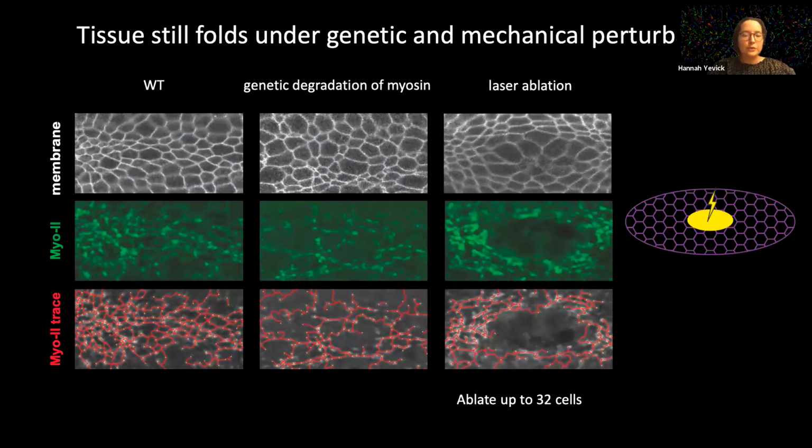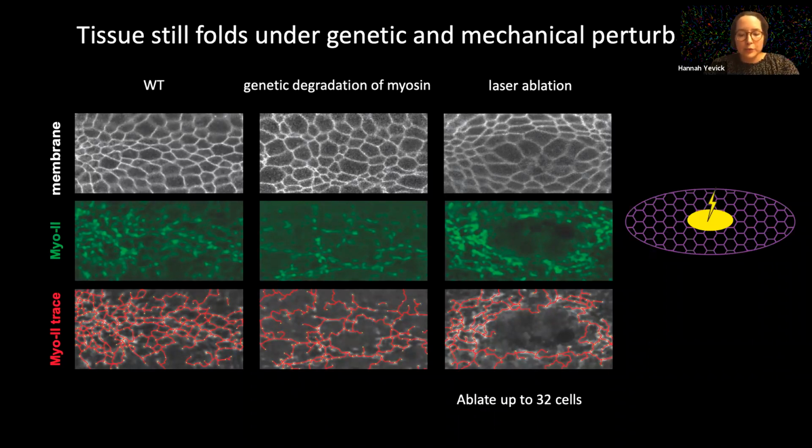Another way to disrupt the level of redundancy in the system was through mechanical perturbation, where we basically damaged patches of cells in the tissue prior to folding, which made those cells unable to accumulate myosin and connect into the network.